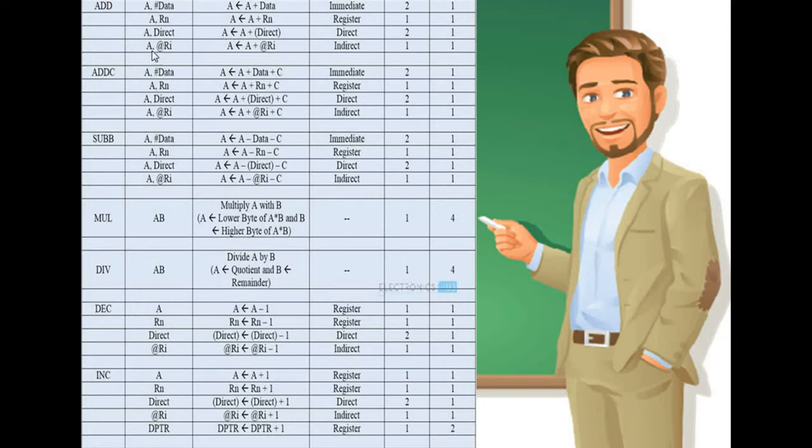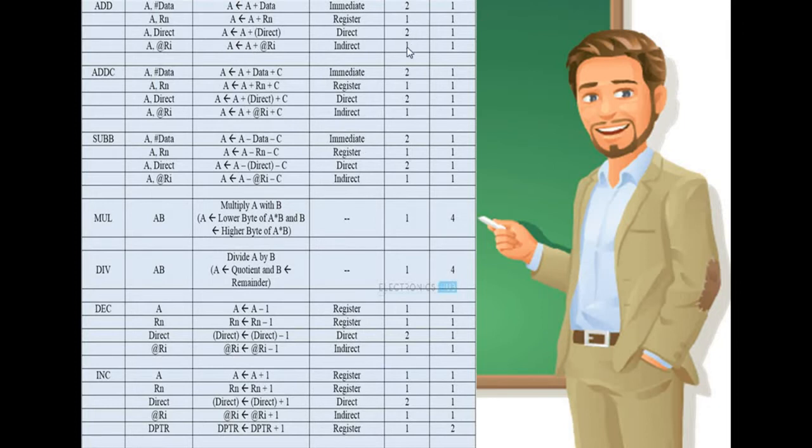ADD A, @Ri. This is an indirect addressing mode, indicated by the at sign. That means the instruction goes indirectly to the particular value. It extracts the data which is present at the location held in Ri, and it is added to the accumulator, and the result is stored in the accumulator.